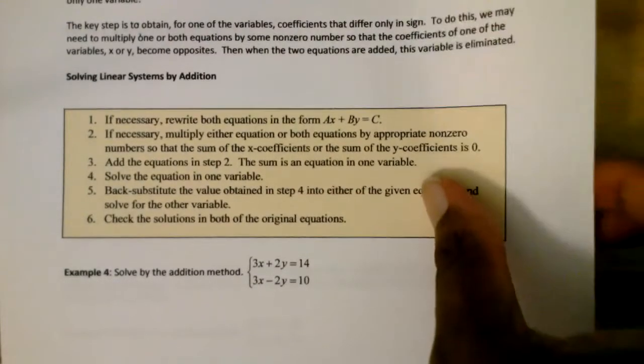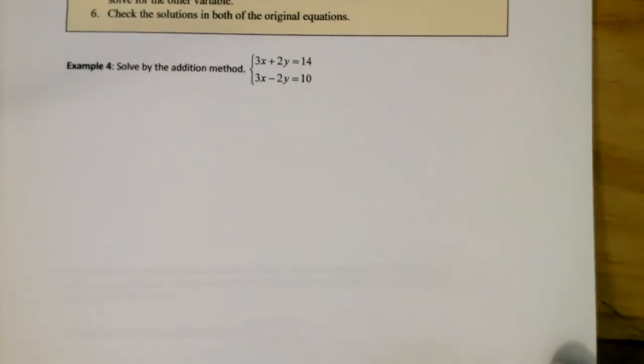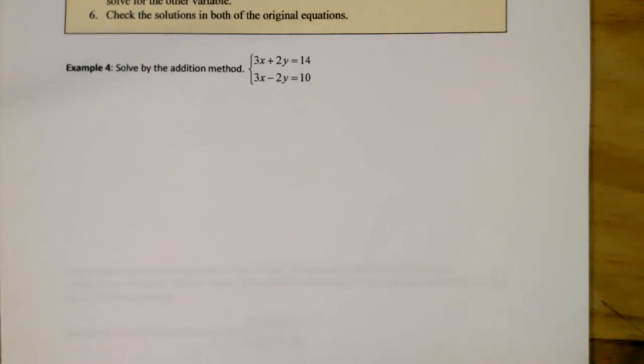Okay, so now let's look at example 4. That is to solve the system by the addition method. In this case, we have 3x plus 2y equals 14 and 3x minus 2y equals 10.